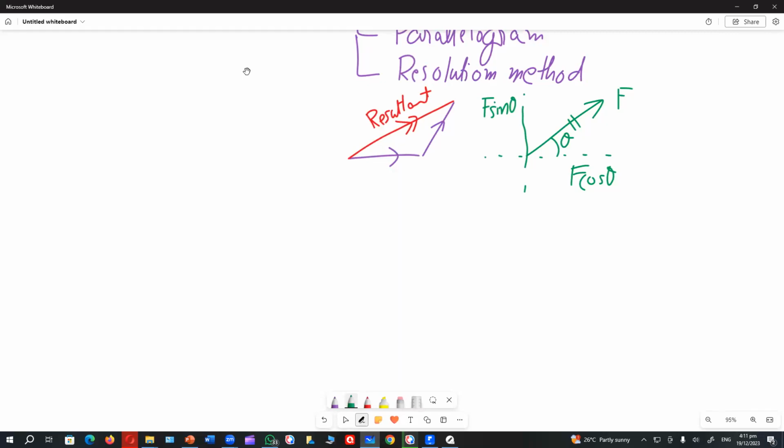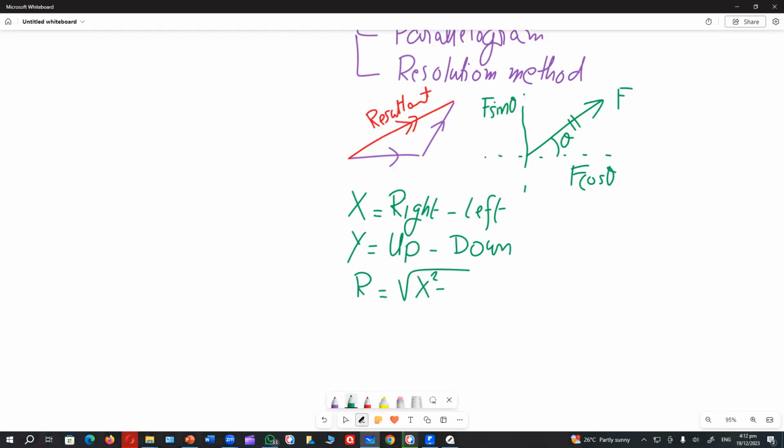We learned that you have to use the concept that x is equal to right minus left and y is equal to up minus down. Then the resultant vector is obtained by the square root of x square plus y square, and tan theta is equal to y upon x. Look, this was the method.